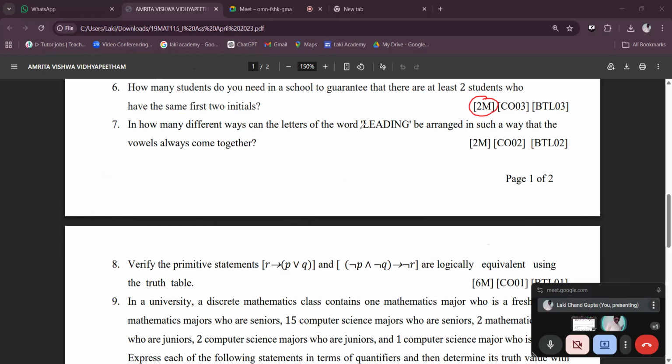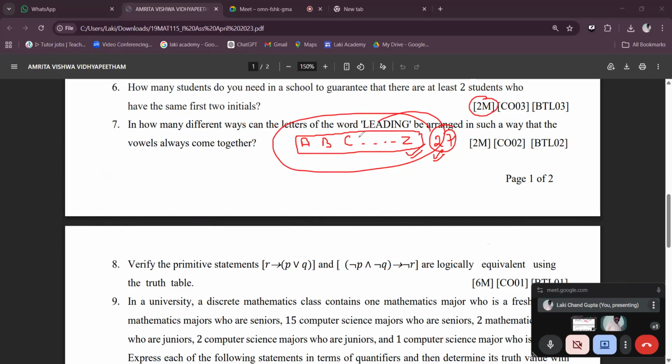Two marks question. Why? Suppose the first student starts with A, second with B, C. How many different starting letters are there? 26, right? Whenever the 27th student comes, his name starts with one of these letters, right?